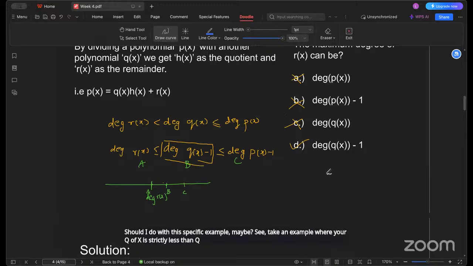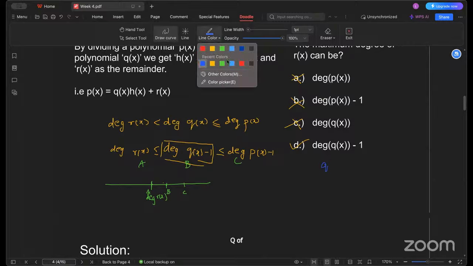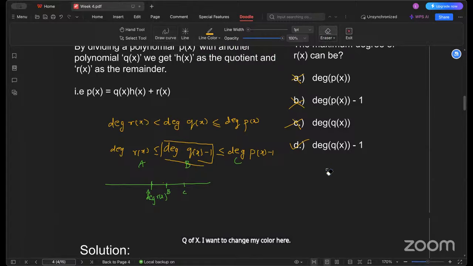That's all you need. Let us take a very simple example. Let us say Q of x is x cube, and let us say P of x is maybe x squared.